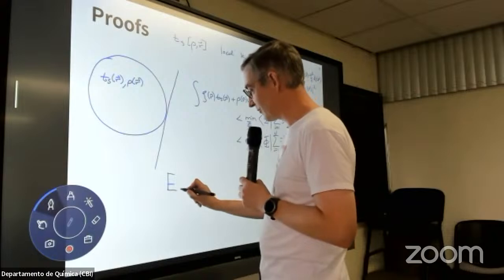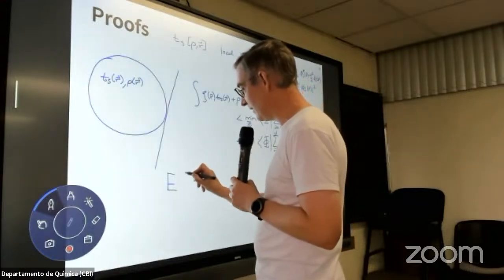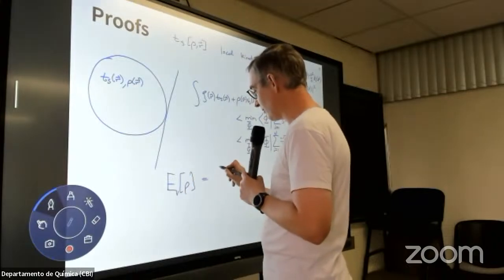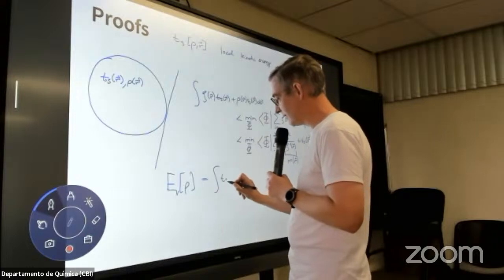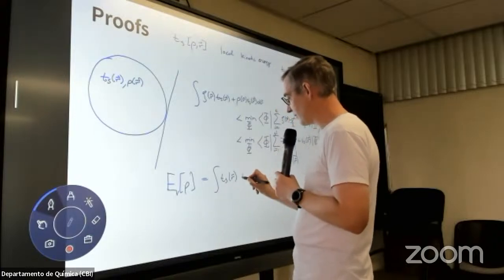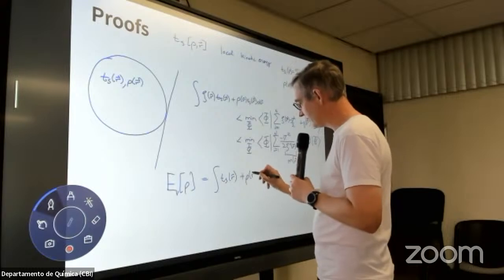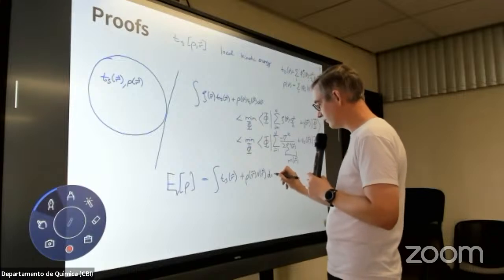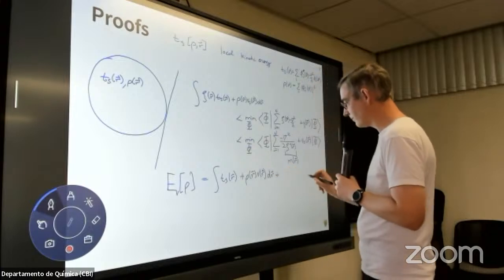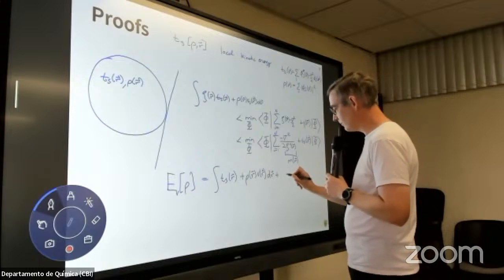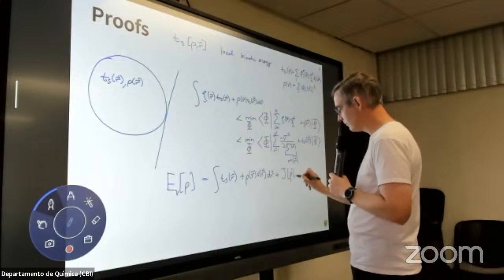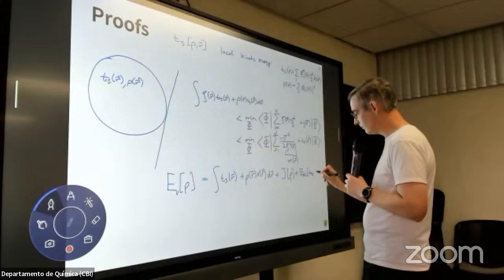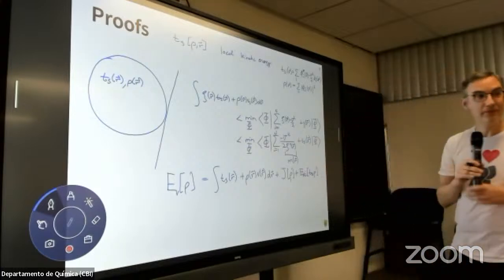E of rho with some external potential is equal to the integral of Ts of R plus... okay.